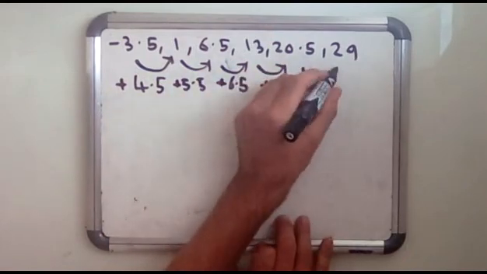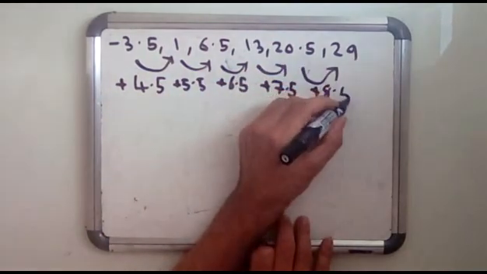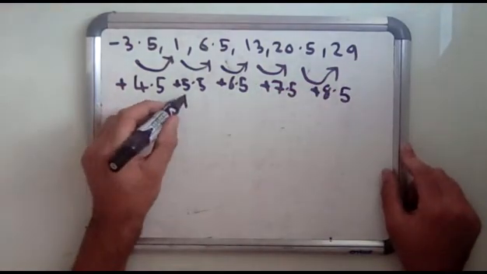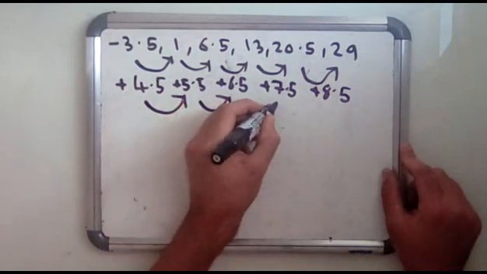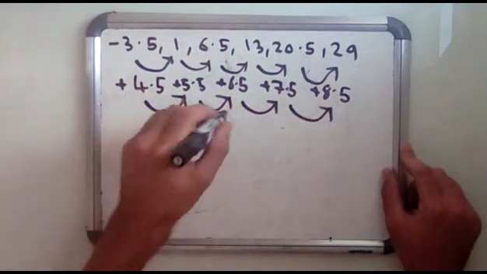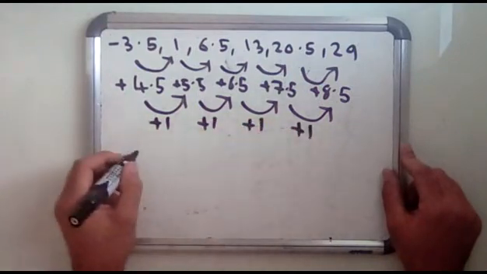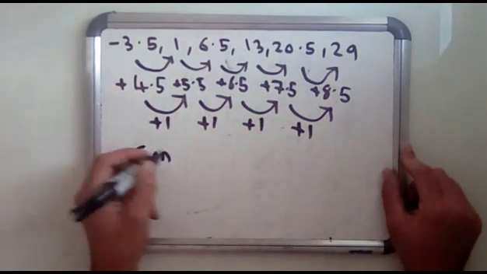You should see a nice pattern going on, plus 8.5. So if you see a pattern in the first differences, it's because they have a constant second difference. This is +1, +1, +1, +1 and +1, a constant second difference of 1.